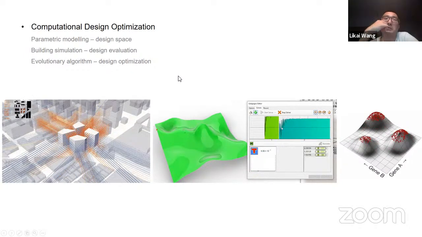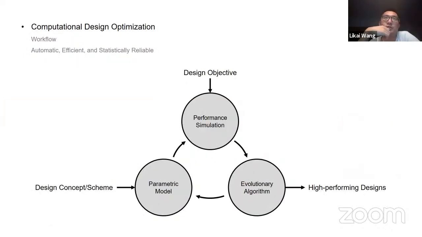Here is a very brief introduction describing the workflow of computational design optimization. Firstly, the designer has to convert his design concept or scheme into a parametric model, and then connect the performance simulation with the parametric model.